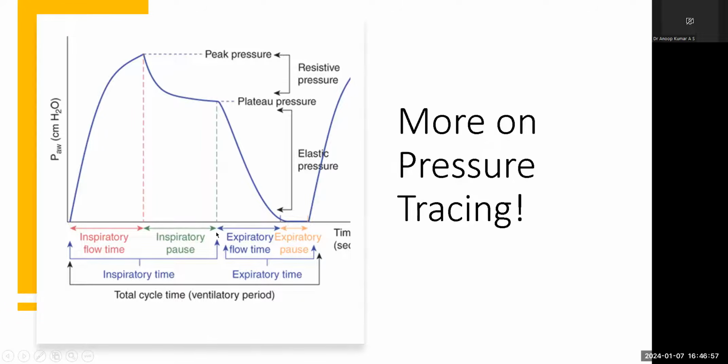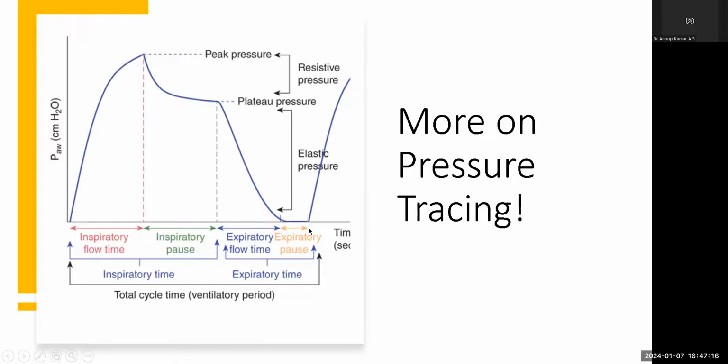And there is an inspiratory time and an expiratory time. The inspiratory time has an inspiratory flow time and an inspiratory flow, and there is an expiratory flow time, and sometimes an expiratory pause also.